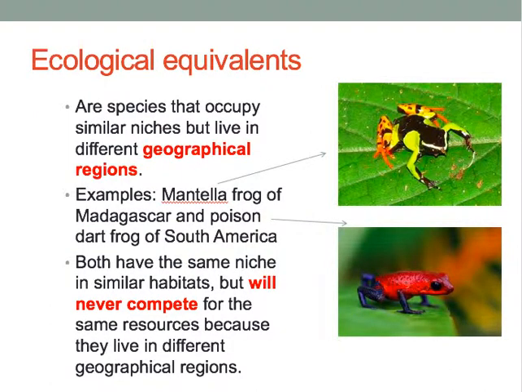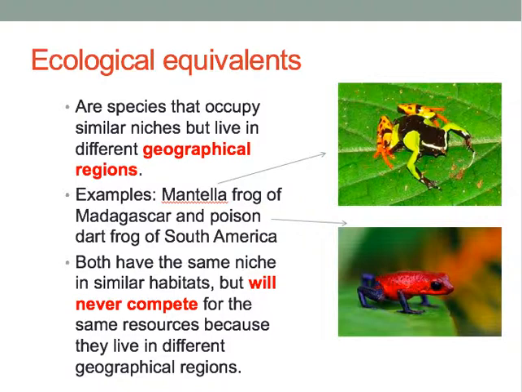So ecological equivalence: these are species that occupy similar niches but live in different geographical regions. They might be very similar species. They might not necessarily be the exact same species, but they're going to fulfill the same niche.